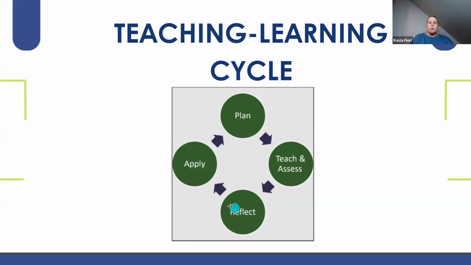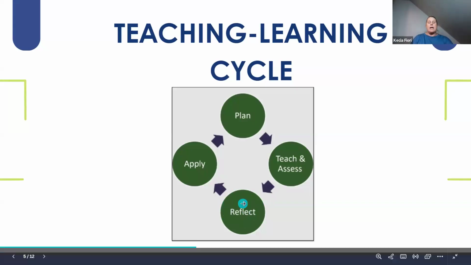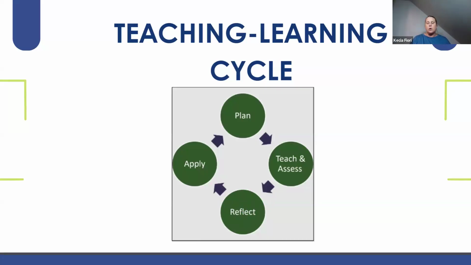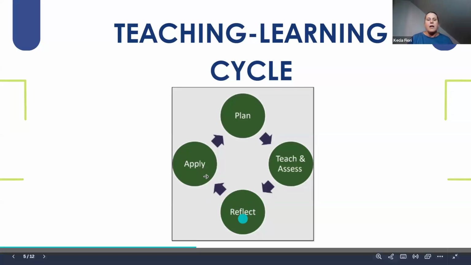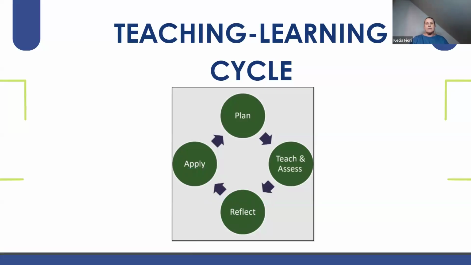So the TPA is going to ask you to slow down and think about how your teaching went. What worked for students? What didn't work for students? How do you know? And then based on that reflection, what do the students need next? Do they need some reteaching? Do they need some additional practice?